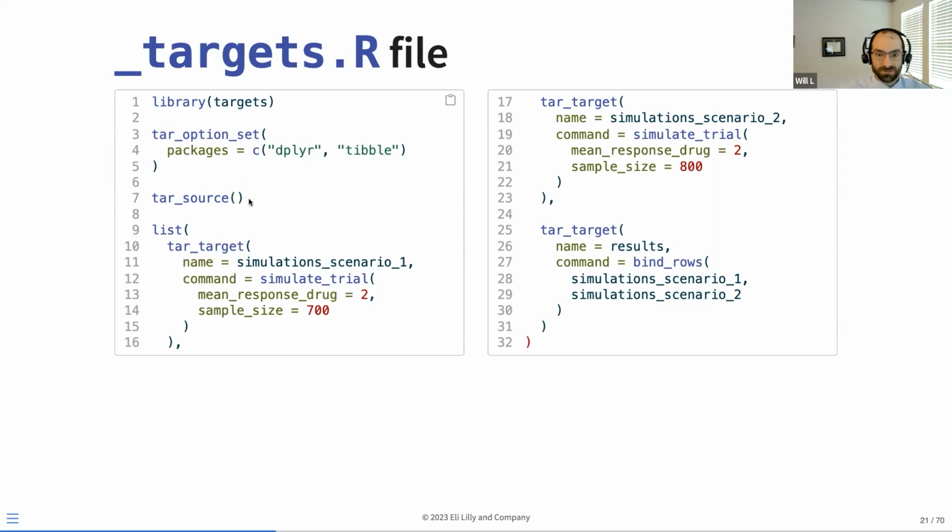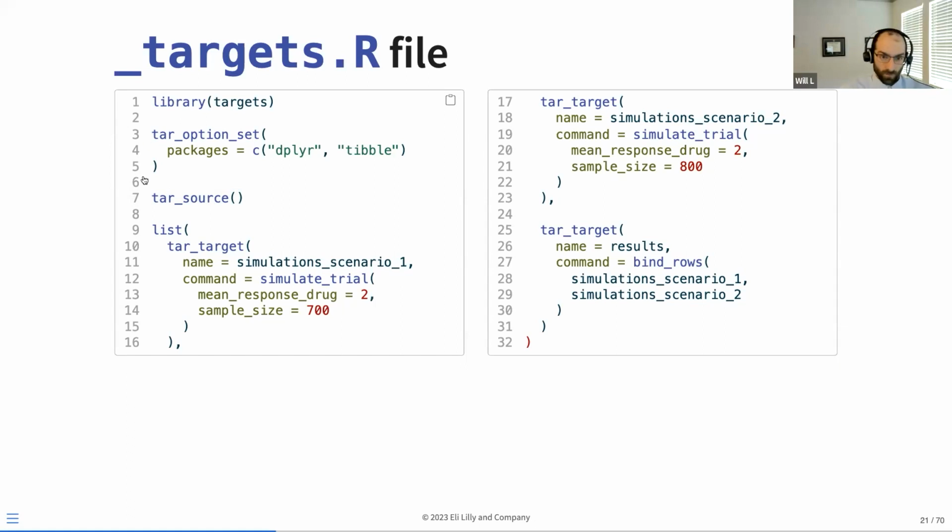The tar_source function is really convenient. It just sources all of your function scripts in the R folder. So the simulate trial function and other functions are going to be loaded into your session with this tar_source function.